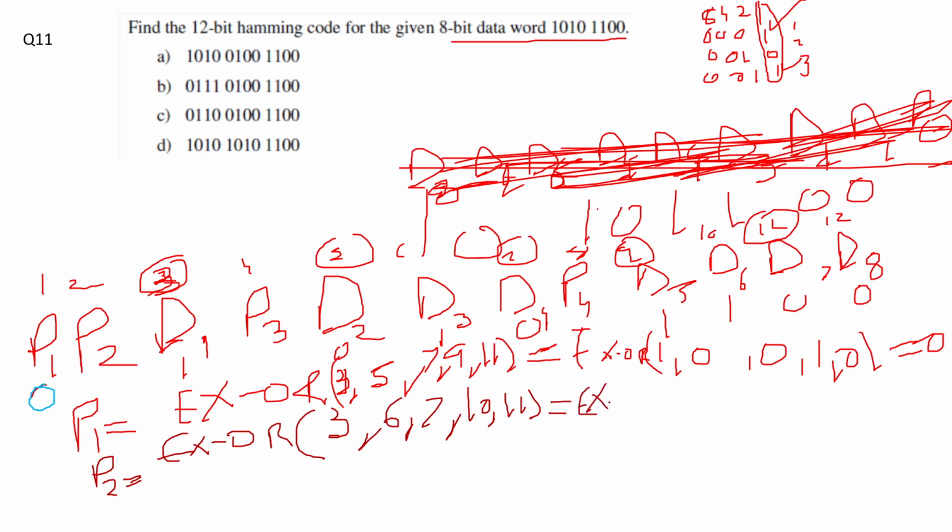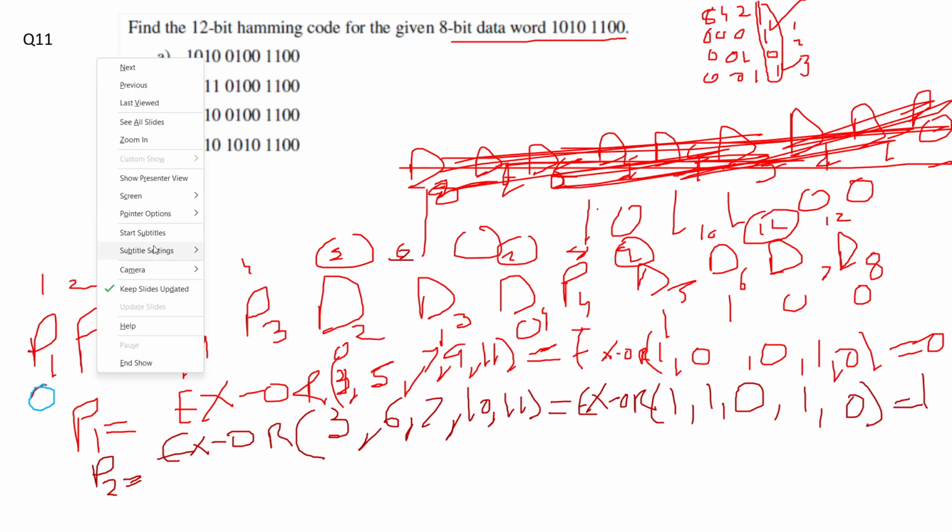So it will be the XOR of 3 is 1, 6 is, so 6 is here, 1 2 3 4 5 6, 6 is D3, D3 is 1, 7 is 0, 10 is 1 and 11 is 0. So it will be equal to 1. So P2 will be equal to 1.